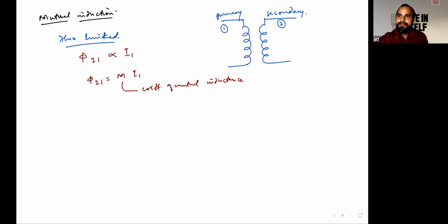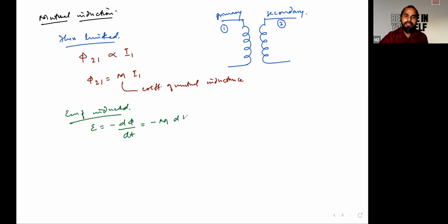The next part is you must have learned EMF induced. So just differentiate this whole part. It would be EMF is equal to minus d phi over dt. So it would be minus M times dI over dt.